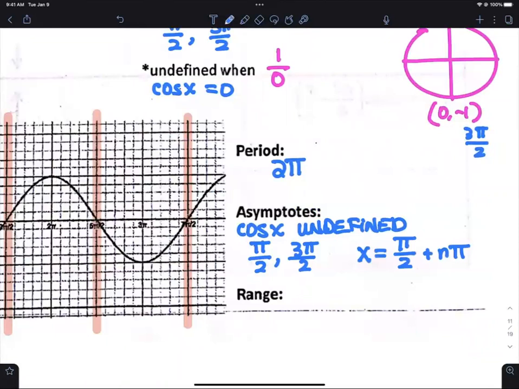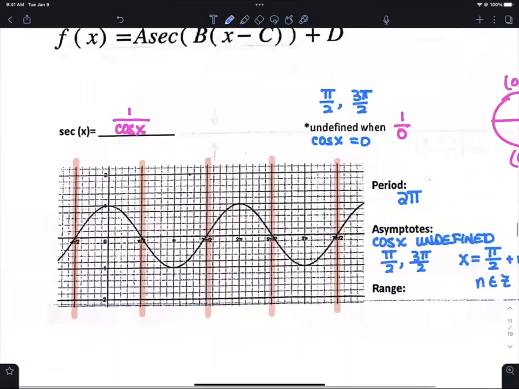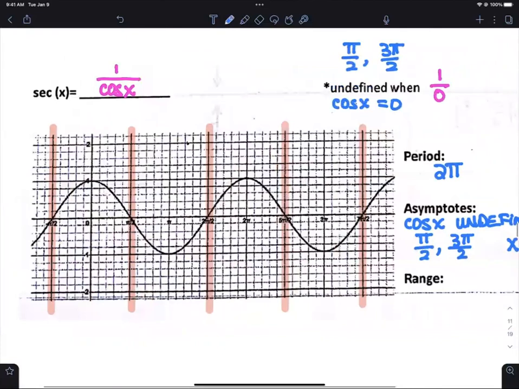Every time you travel pi, halfway around the circle, you're at an asymptote spot, but you need to specify that n is an integer, and the capital letter Z represents the integers. So that's a mathematical way to describe where the asymptotes occur. Also, looking at the basic cosine graph, the parent graph, the asymptotes I have sketched in occur where this graph crosses the x-axis, a recurring theme.